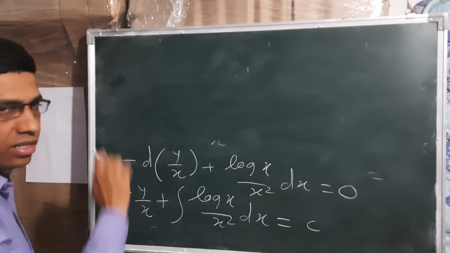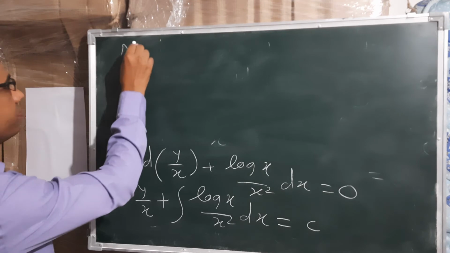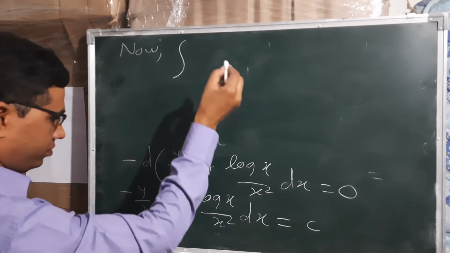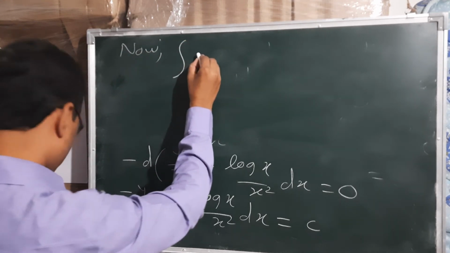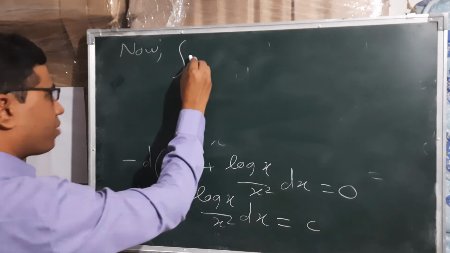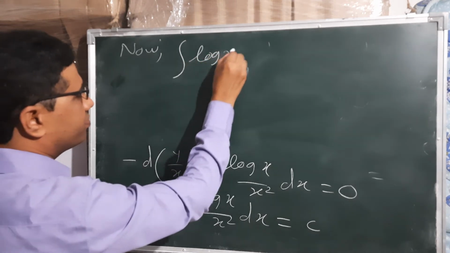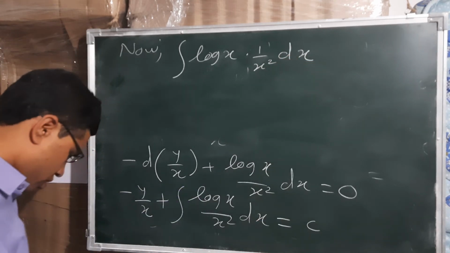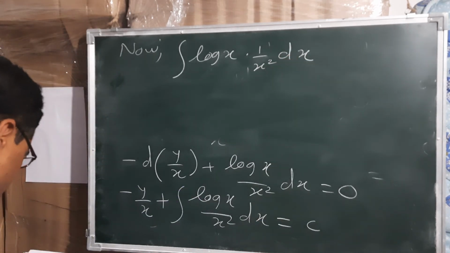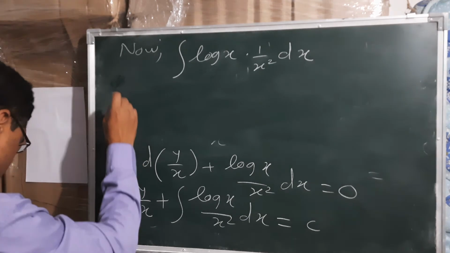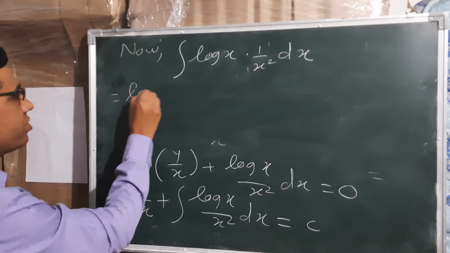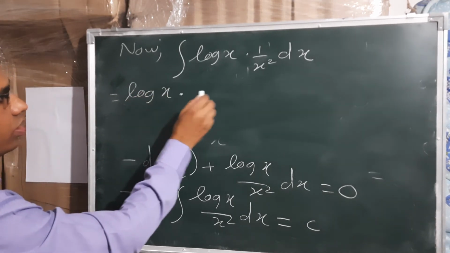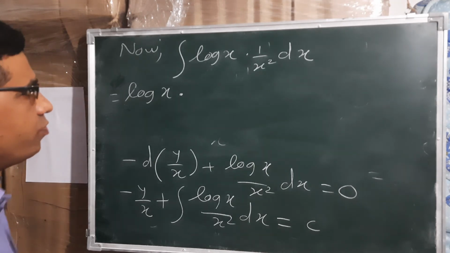We use integration by parts. Log of x into 1 upon x square. So as usual, it is the first term log of x into the integration of the second term 1 upon x square.